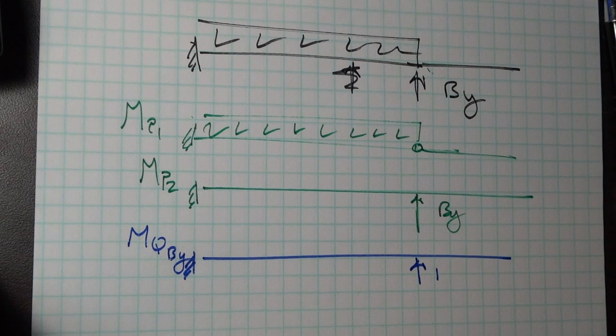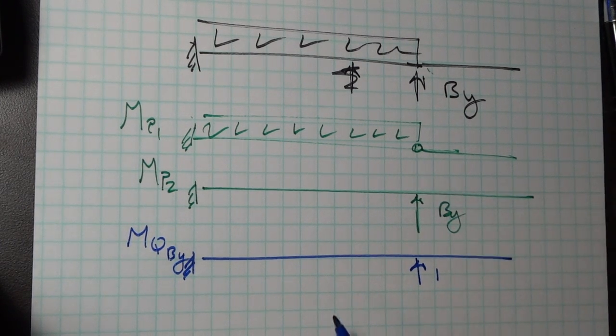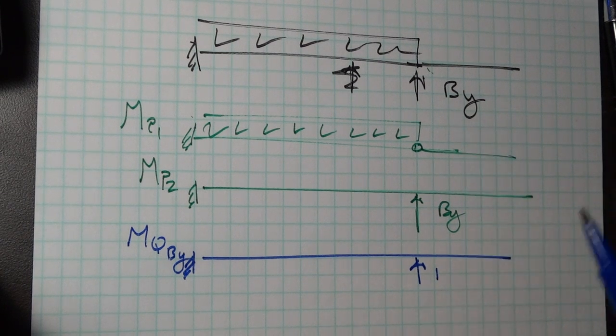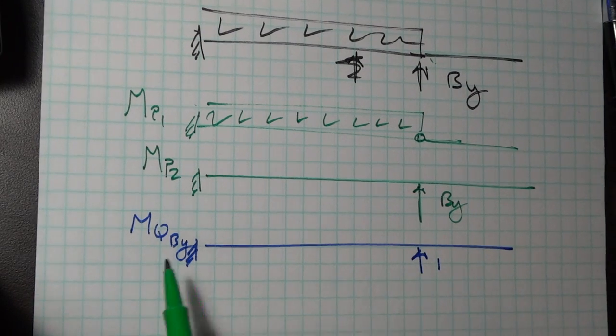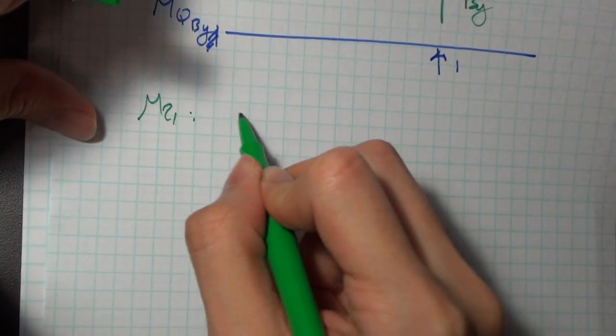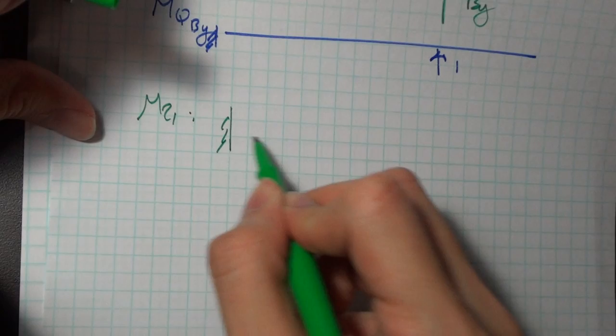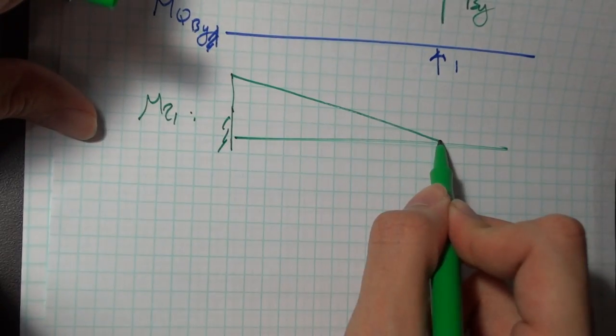Now with that, I would draw the moment diagram from each of these. Whenever you're doing this, I would draw the shear diagram first. So let's do the MP1 case, for example. In the MP1 case, my shear diagram would look like a triangle. It would go up first, and then it would just go down to 0.